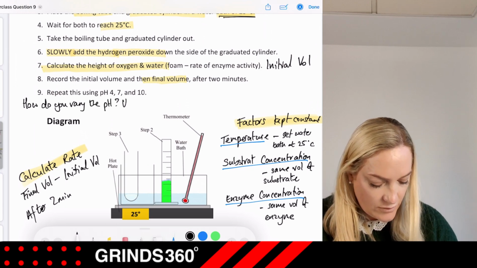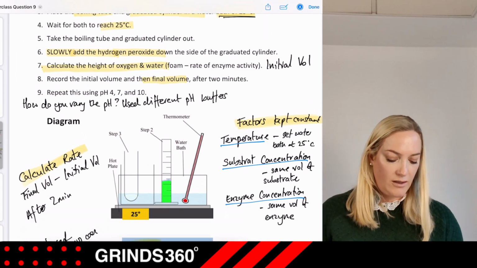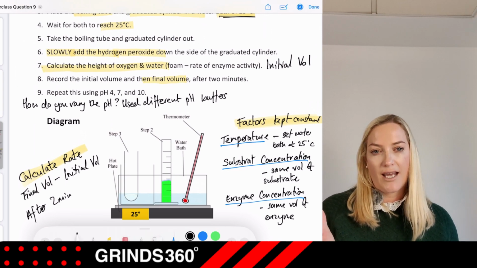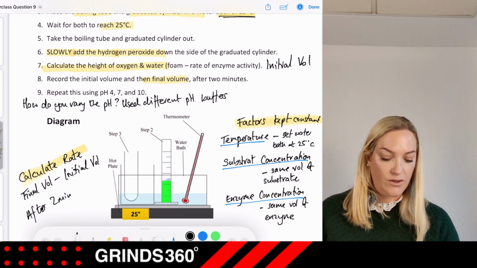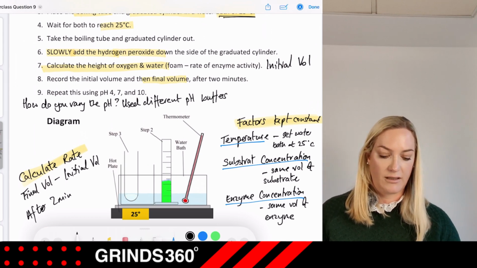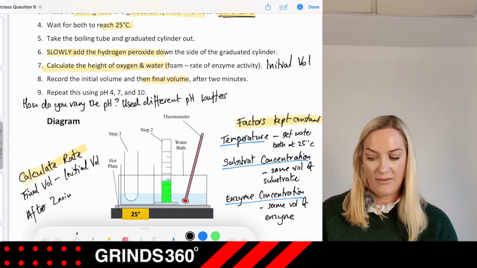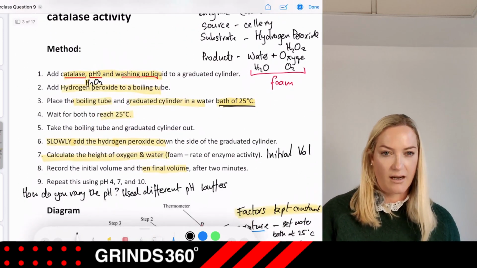How did you vary the pH? I use pH 4, 7, 9 or 10. Or you could say use different pH buffers, for example. Okay, I want to make sure that I've covered that. So that's all within our setup.